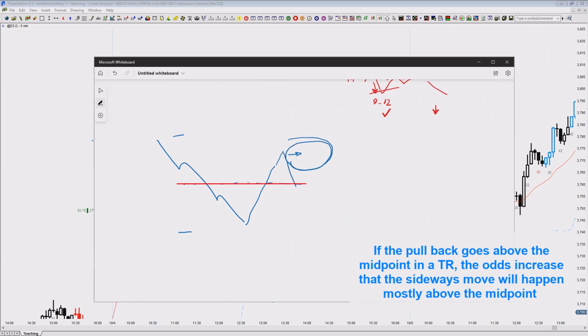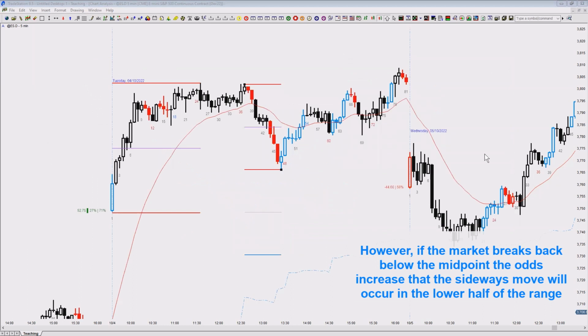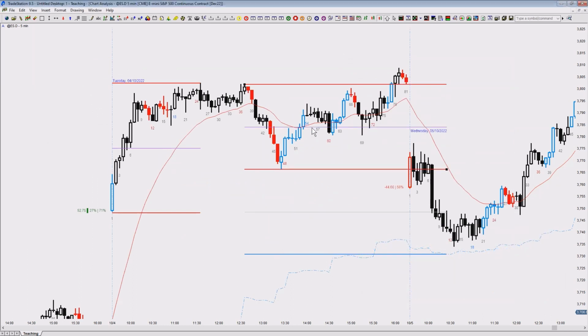But if it goes below it again and goes a lot below this, then starts to go sideways, odds are it's going to stay within this part mostly. So you look at how it crosses that midpoint. It crossed it, it went to half of it, couldn't get below, bull bar, bull bar. So it's likely to stay above this portion rather than below. But there are some cases where the market gets to here, then goes below and tends to stay in this region.